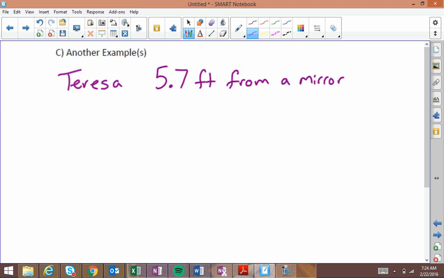We also have a T-Rex, and that T-Rex is 31.2 feet from the mirror.